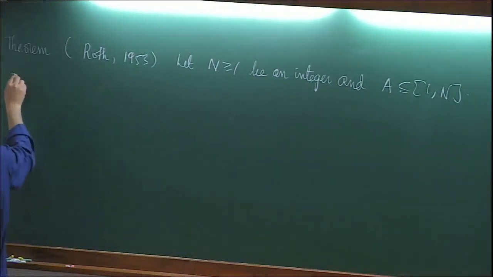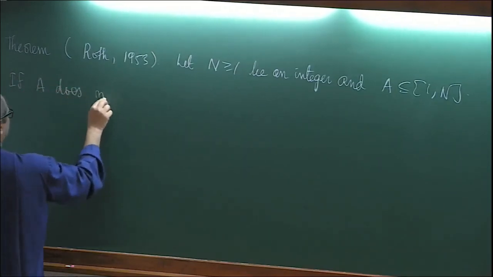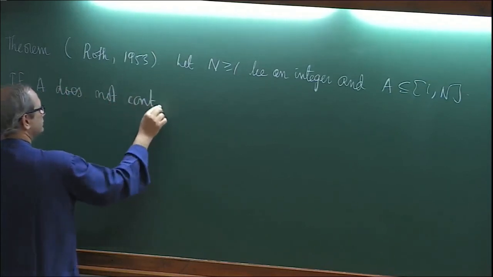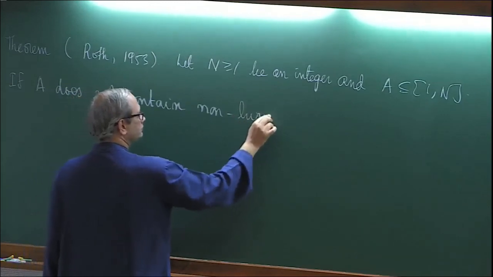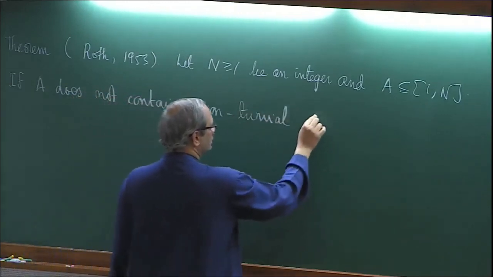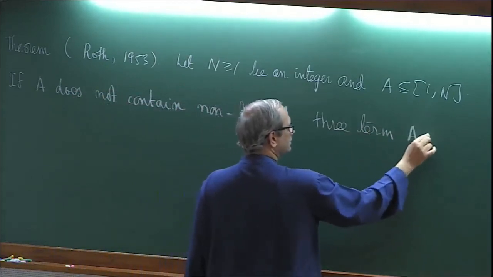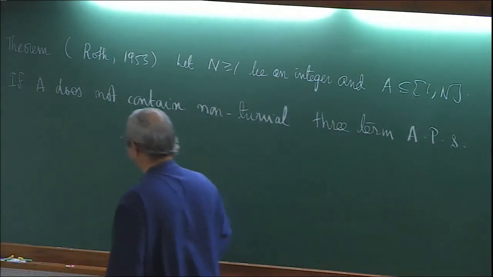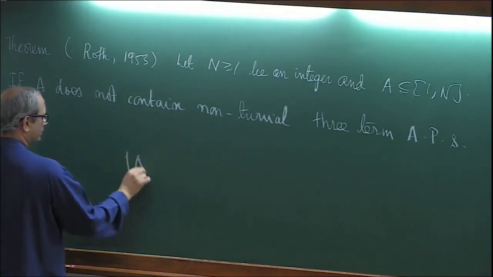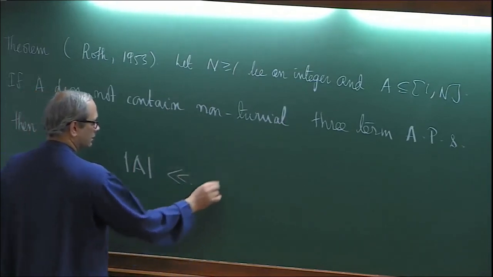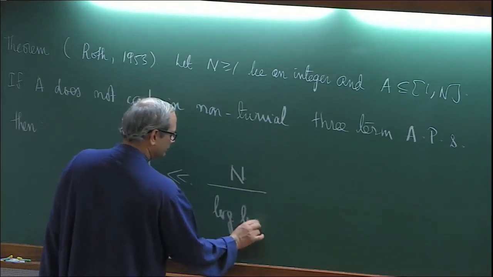If A does not contain non-trivial three-term APs, then the cardinality of A is less than n over some log n.